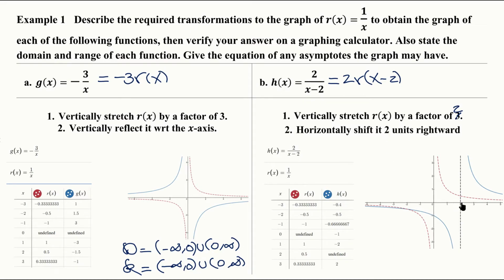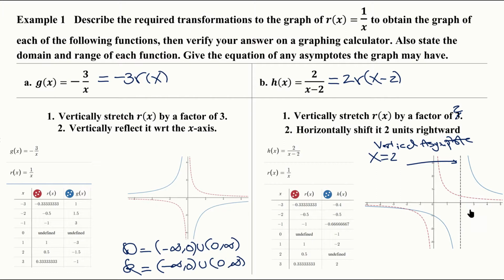So we only moved it 2 units to the right, so this is actually going to be the vertical asymptote for the new graph. So the vertical asymptote for the new graph is going to have equation x equals 2. And notice that the asymptote literally tears the graph apart, right? It becomes two pieces. One piece goes here, one piece goes there.